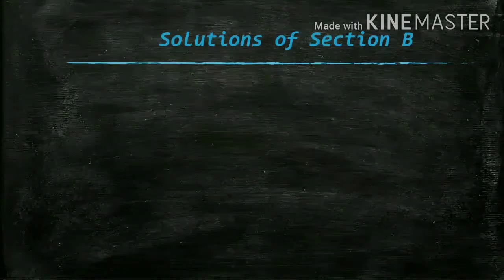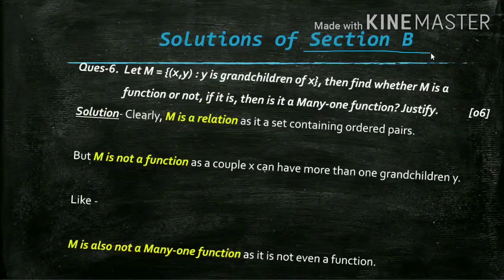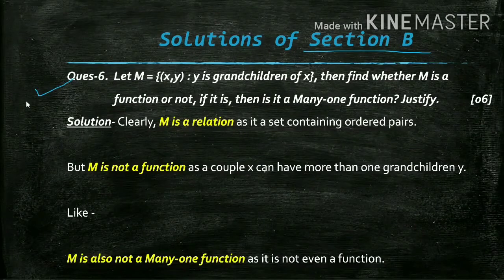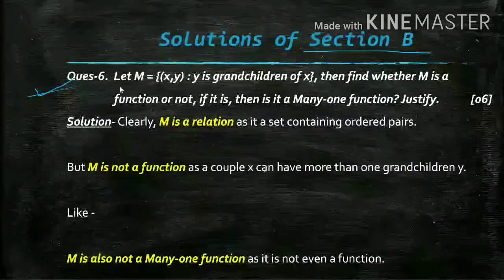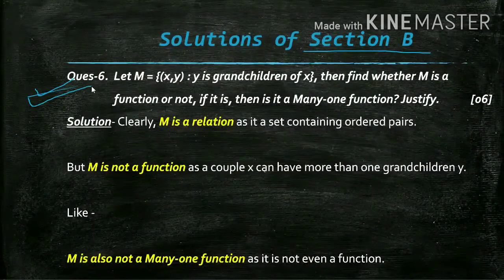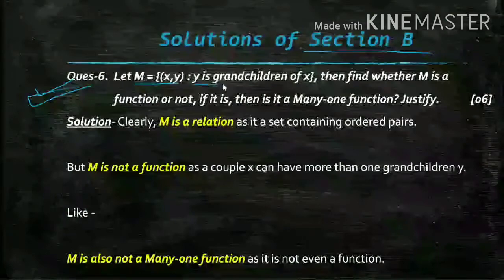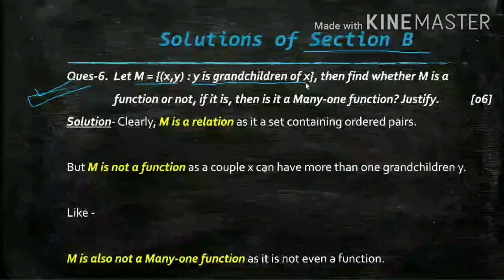So let's now have the final question for section B. This was the question. Okay, this is again a question from relations and functions, which I taught you in the first lecture. It shows a set of (x, y) such that y is grandchild of x.